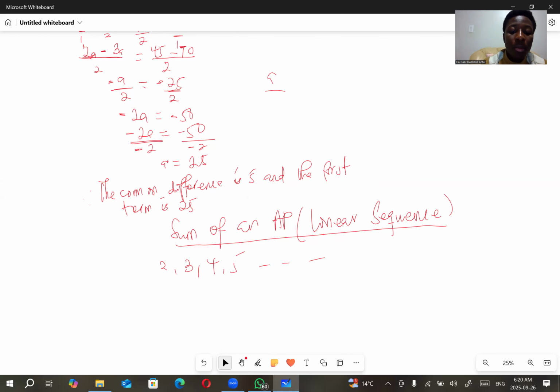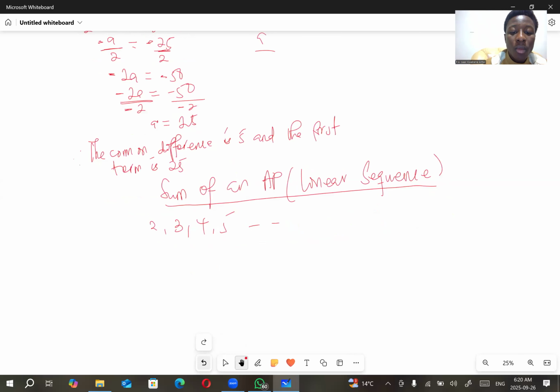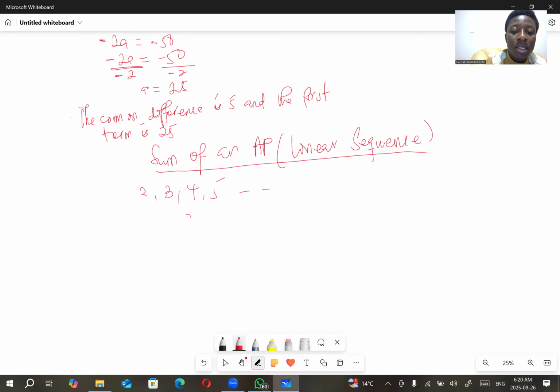So this is what we're going to do. To find the sum of the first n terms, for example the first 3 terms, we denote it with the symbol S subscript n.